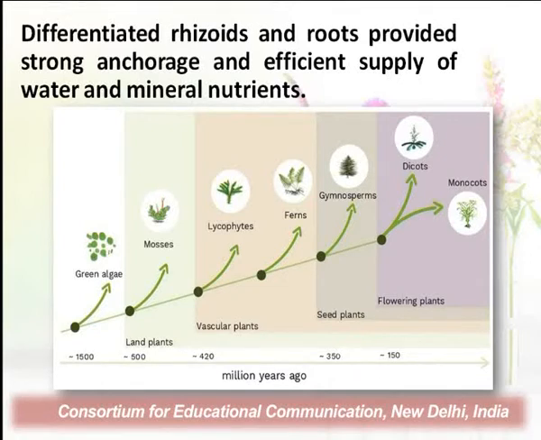As land plants were evolving, their body size was also growing. So it was necessary for them to have a better hold on the substratum. Roots provided that support. From pteridophytes, when we move towards ferns, we see that the roots became more and more specialized, to the extent that roots started developing mechanical tissues, because the body size of the plant above the soil was much larger.